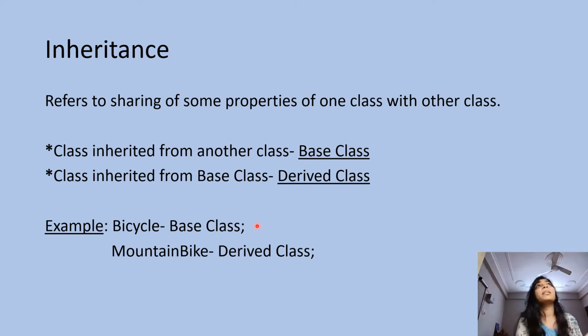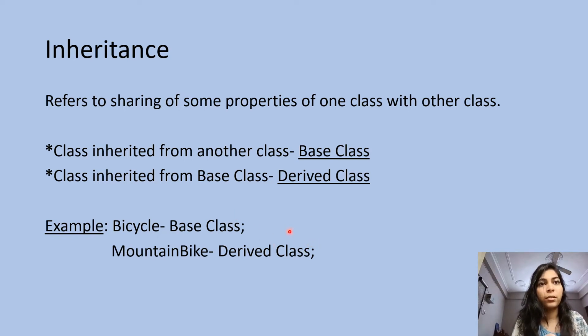So there will be some basic features which mountain bike will have from the bicycle. Mountain bike has the same two wheels, right? Bicycles have two wheels. That's the feature of bicycle. That's what I said, the derived class can have its own fields and methods in addition to the methods of the base class, right?